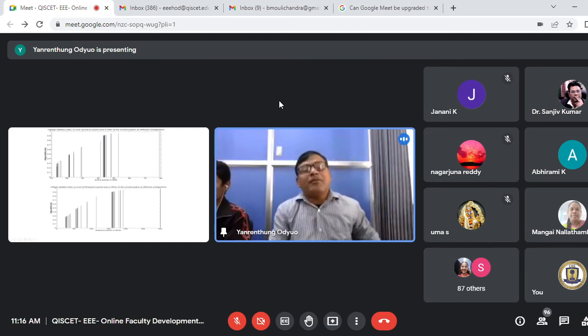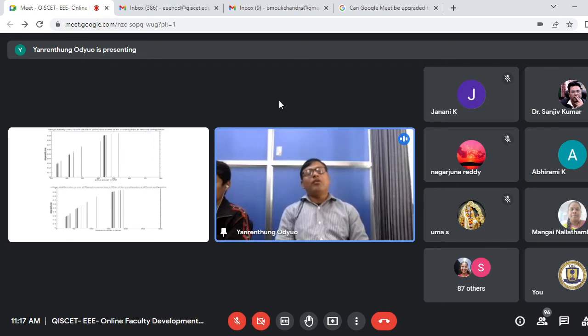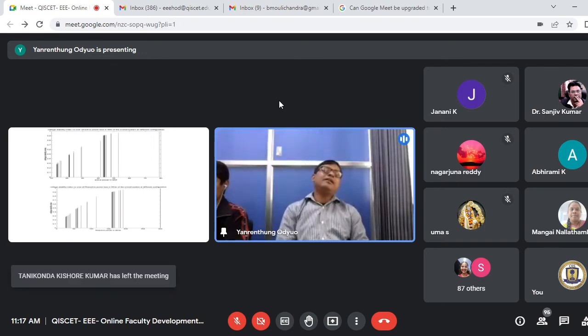That means from this graph we can say that in a power network, if the active power loss is less, it indicates that the voltage stability is also better. So in a network, if your active power loss is less, even if you do the simulation for voltage stability, you can see the stability index is also less.